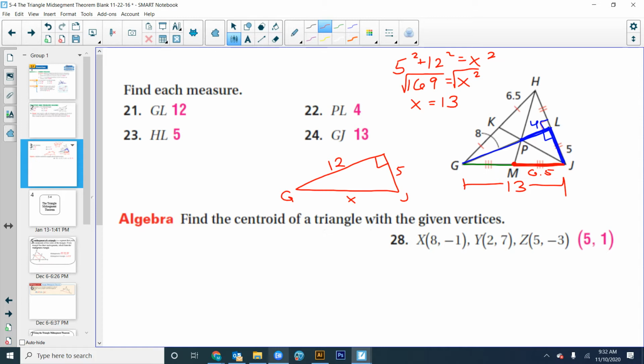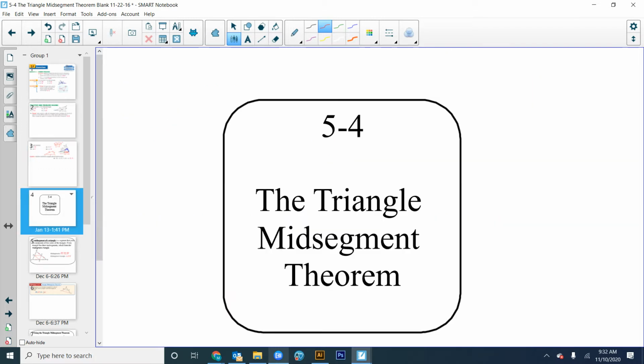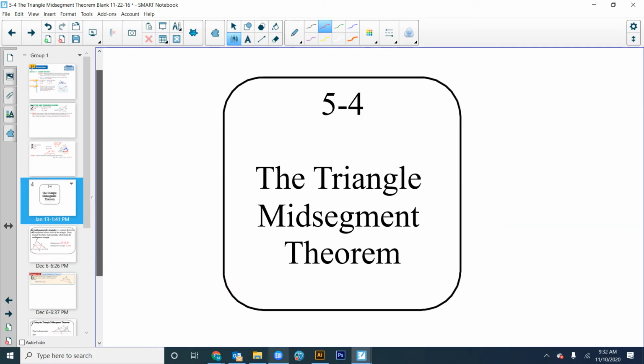Any other questions on the homework? All right, today's called the triangle midsegment theorem, 5-4. We'll do 5-4 today. We have a quiz review coming up tomorrow. Quiz Thursday: 5-1, 5-3, 5-4.